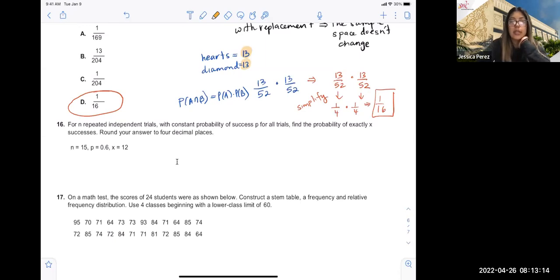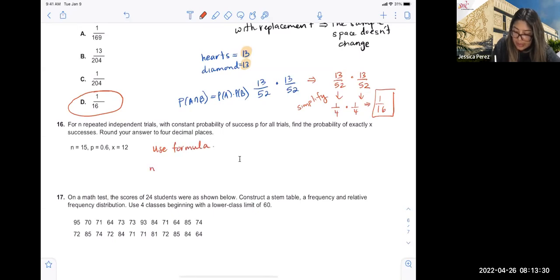All right, next step, we have Bernoulli trials. For the Bernoulli trial, it's different, so you use the formula. This one's nCx times p to the x times q to the n minus x. Remember that q is 1 minus p.